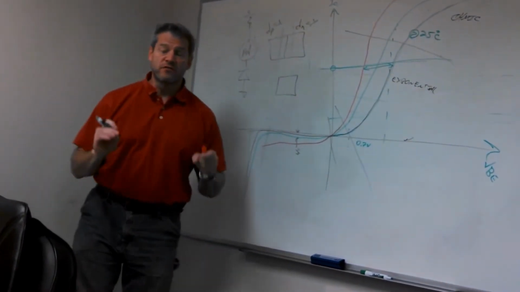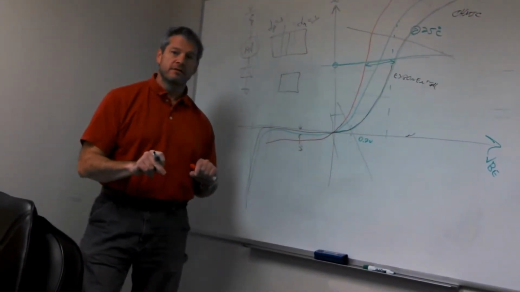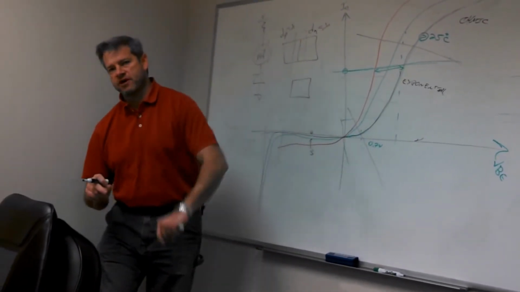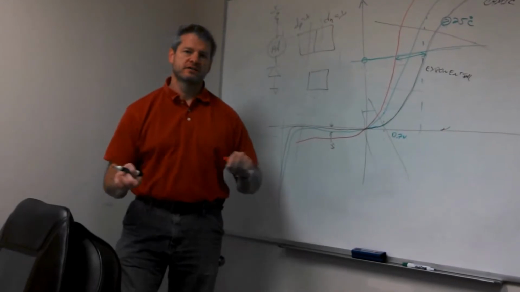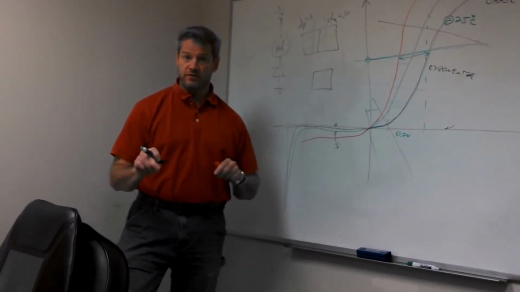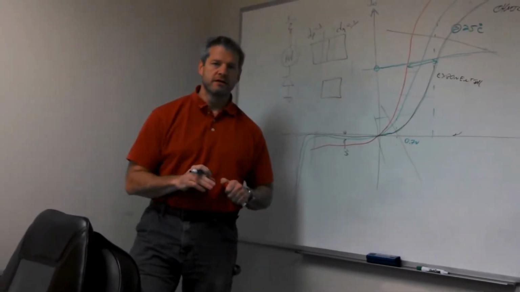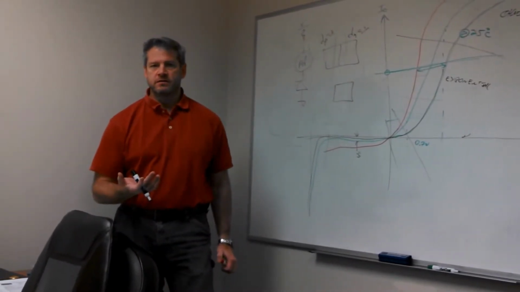I would know up front, before I even fabricated it, what it should be. Then after I fabricate it, I would test multiple places on the wafer and see how far out of whack they were, and get a max and a min, because you're not going to get perfect doping.